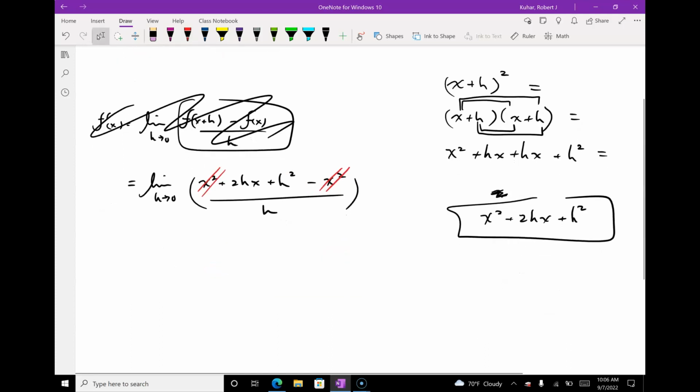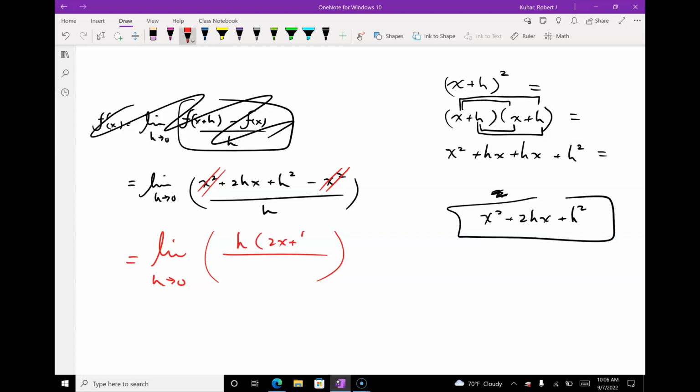So here we go. This is the limit as h goes to 0. And what's my idea? What did I tell you we have to do? Factor, right? So I can take out an h, and I get a 2x plus h, still over h. And you see here, I'm writing the limit every time. It's a pain, right?